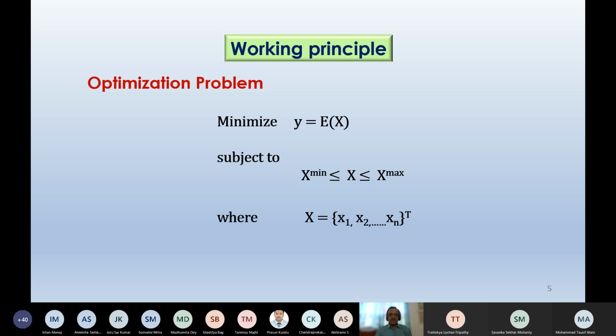Capital X is a collection of some design variables, small x1, x2 up to xn, and X is lying between X minimum and X maximum. So this is the objective function. This is, if you remember, the variable bound. Okay. And for simplicity, I did not consider any functional constraint here. Okay. Now let us see how it works.